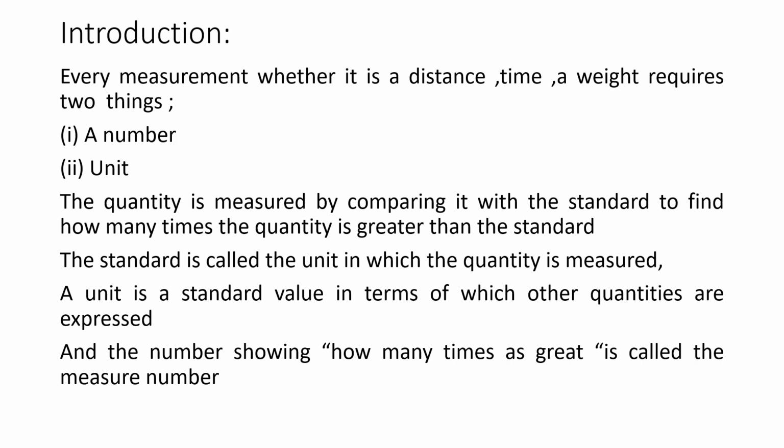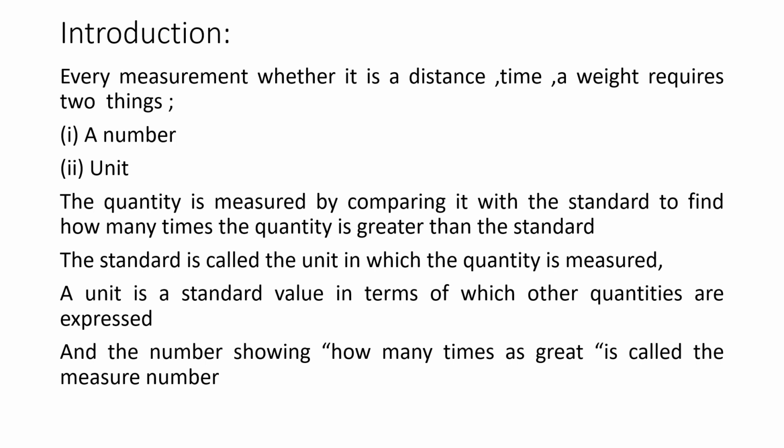Every measurement, if it is a distance, time, a weight, will require two things. It consists of a number and unit. The quantity is measured by comparing it with some standard to find how many times the quantity is greater than the standard.